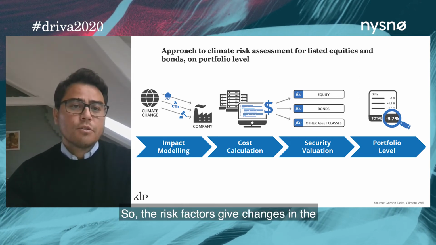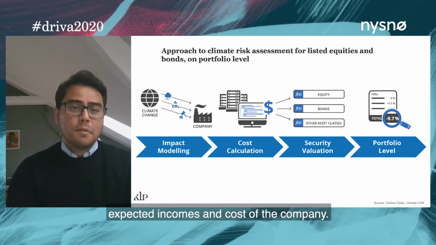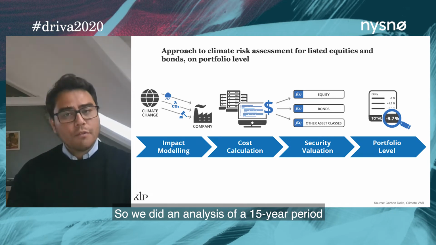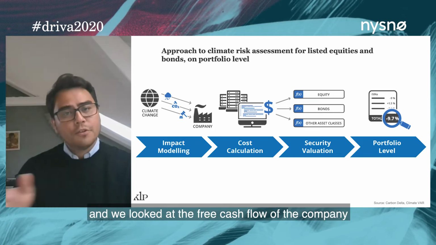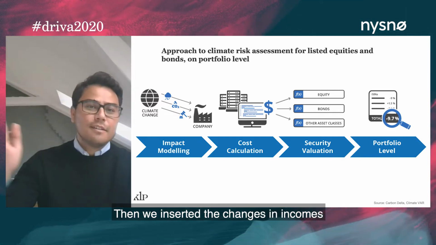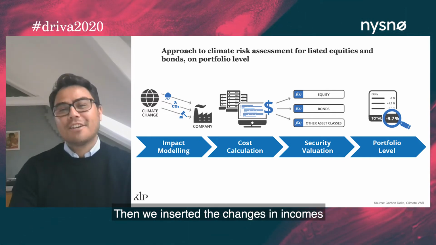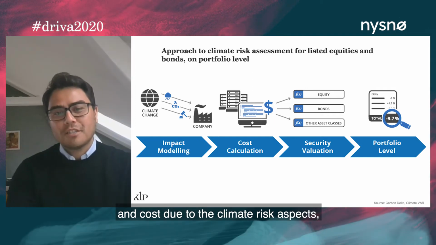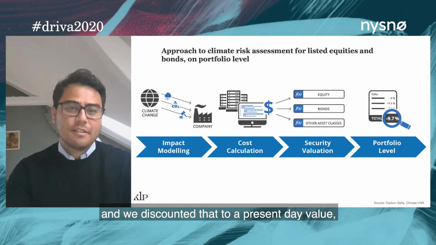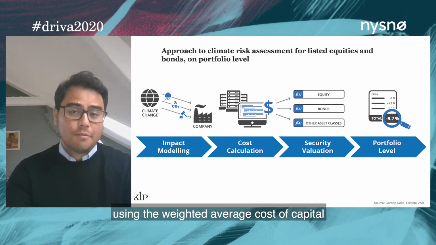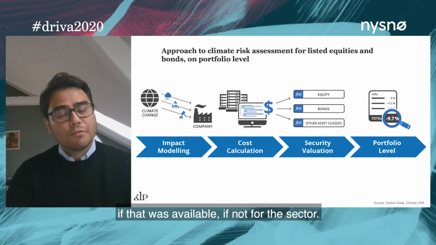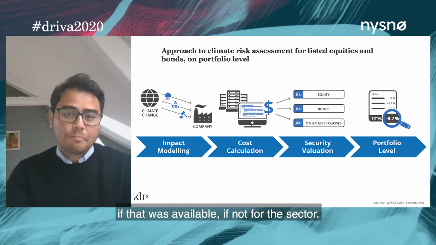So the risk factors give changes in the expected incomes and costs of the company. We did an analysis of a 15-year period, and we looked at the free cash flow of the company. Then we inserted the changes in incomes and costs due to the climate risk aspects, and we discounted that to a present day value using the weighted average cost of capital for the specific company, if that was available, if not for the sector.